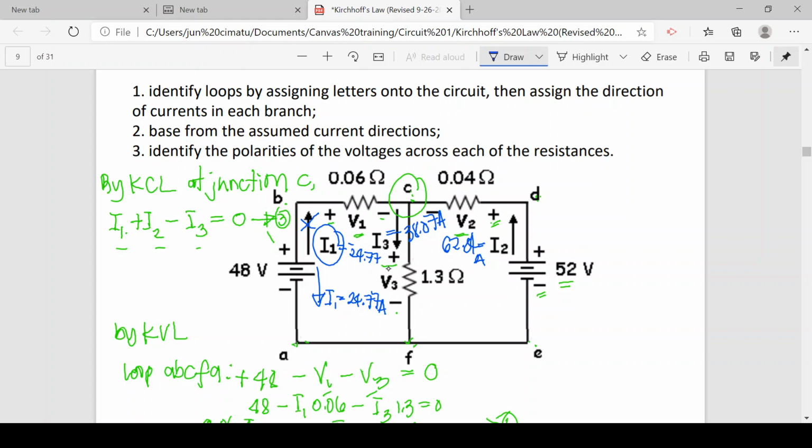As we can see, the 24 amperes and 38 amperes are all supplied by the 52 volt battery, which is the I sub 2 equal to 62.84 amperes.